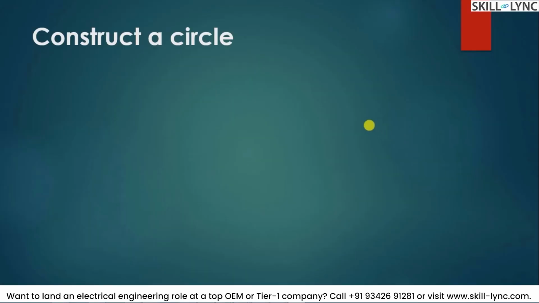Now let's come back to the popular example that we have, construction of a circle, because we have seen earlier how to do it in a macro. Now let's see how it can be executed as a Visual Lisp command. As you very well know, the circle command is executed by calling the function C or circle as a whole. That will invoke the AutoCAD circle command, following which it will ask for the center point of the circle.